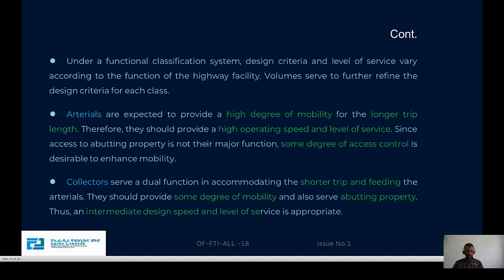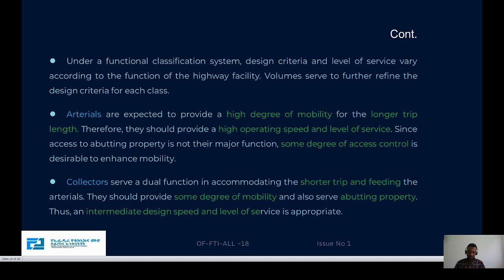Abutting property is not their main function. Their main function is mobility, not accessibility. There is some degree of accessibility, but what is desirable or expected from arterials is mobility. The collectors serve dual functions, according to short trips and feeding the arterials.